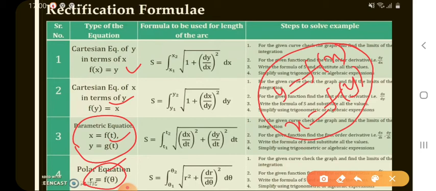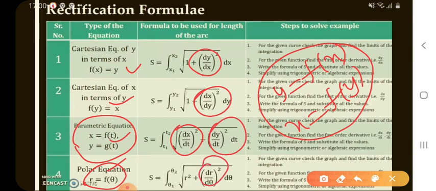First we draw the graph of the given curve. After that we find the limit values from the graph or another method. Next we find the derivative of the given function, either dy by dx or dx by dy or dx by dt, dy by dt or dr by d theta, anything. It's based on the given equation.